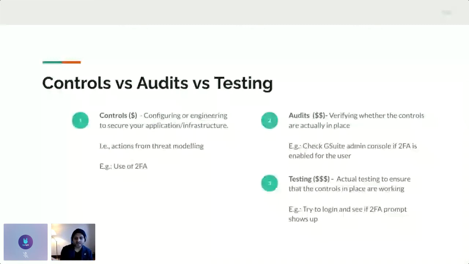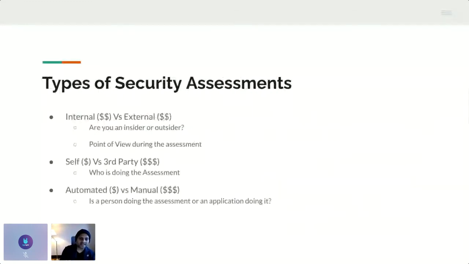And when the auditor checked it, it was enabled, but when you actually do the testing, you find out that, oh no, it was not enabled. So these are different aspects of security. You set the controls, you audit the controls, and you do the testing to validate that it was actually in place.